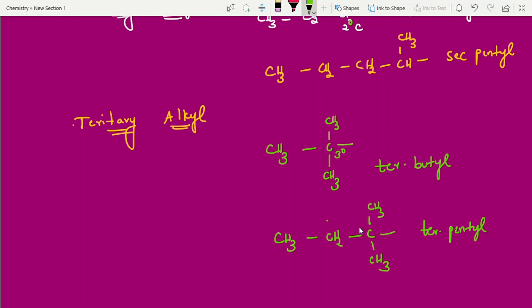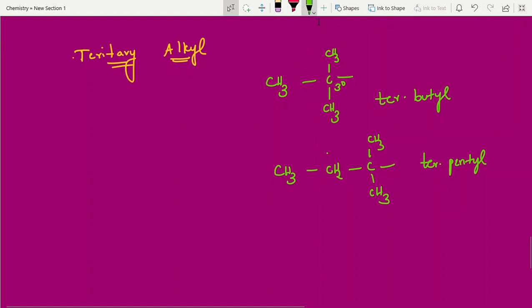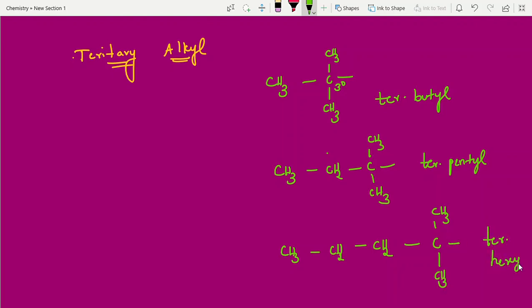One CH2 unit is increasing. That is homologous series. Homologous series is nothing but the series which differs by CH2 unit. CH3, CH2, CH2, CH3, CH3. This is what we call tertiary hexyl. One more important point: from here to here the CH2 unit differs, and from here to here the CH2 unit differs.